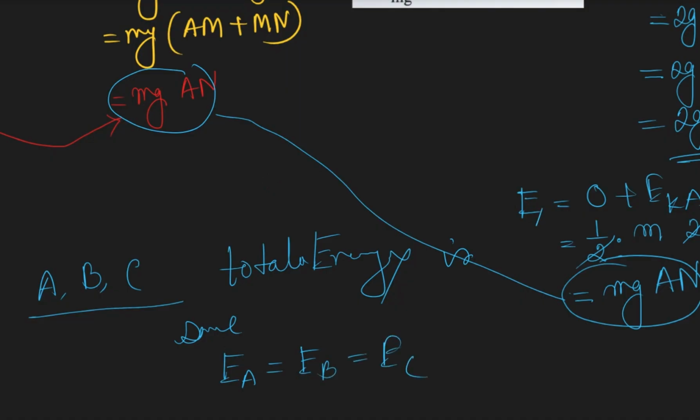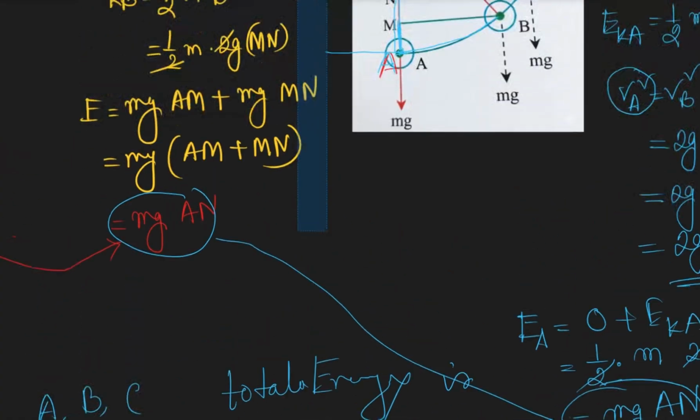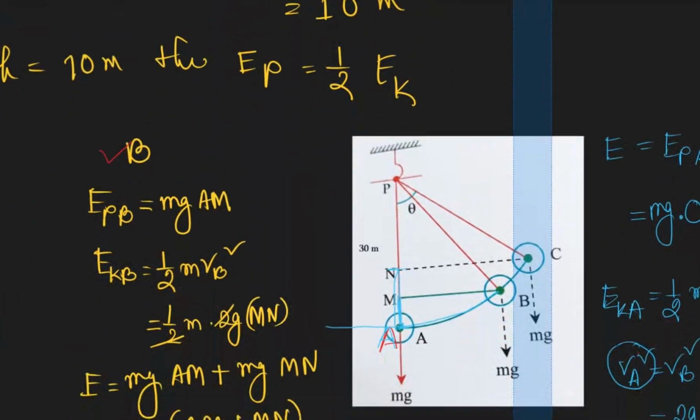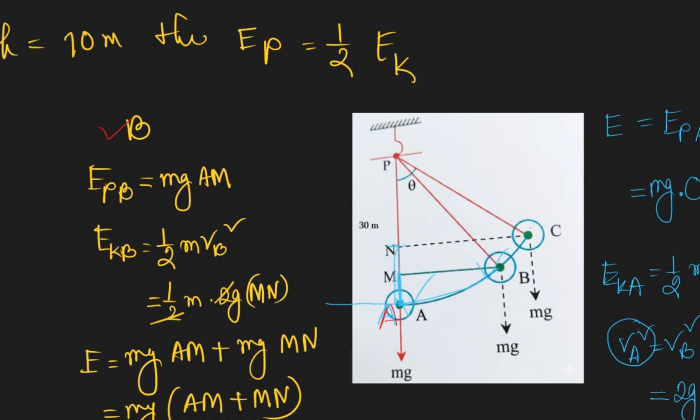So the total energy is mg AN, and we analyze whether it is conserved or not. Yes, it is conserved, as at every point A, B and C, everywhere the energy is mg AN. This energy is the same for C, B and A, so the energy is conserved for this condition.